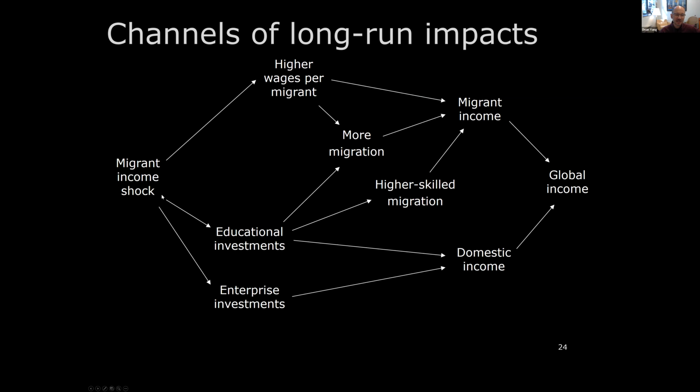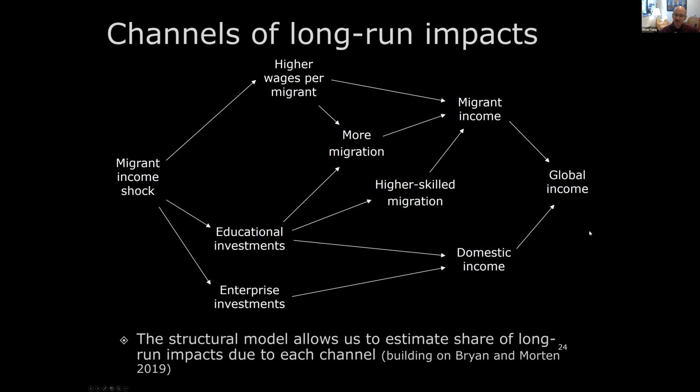In addition, the migrant income shock could loosen liquidity constraints and credit constraints on enterprise investment, leading to higher domestic income as well. So we set up a structural model that builds on Garrett Bryan and Melanie Morton's work. The model that Melanie presented last week has a similar structure. And this allows us to estimate the share of long-run impacts that are due to each channel.